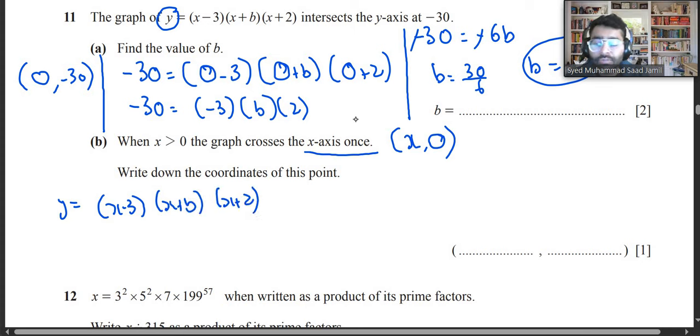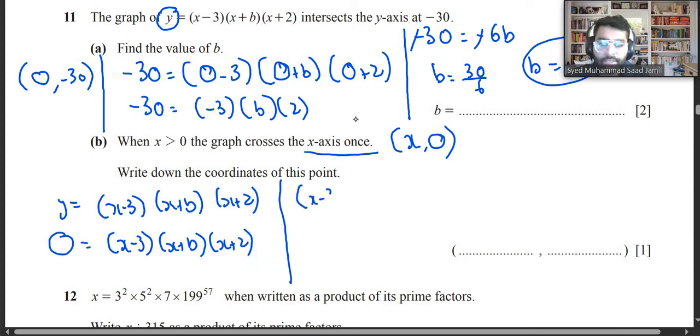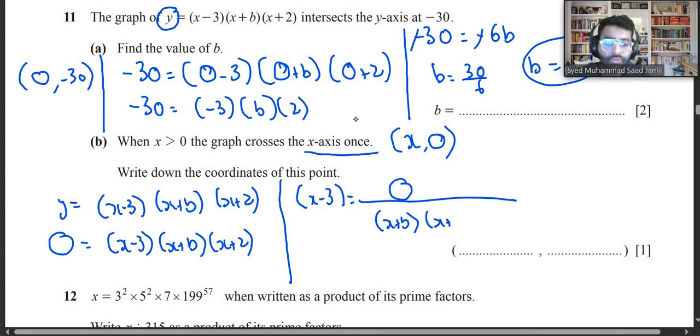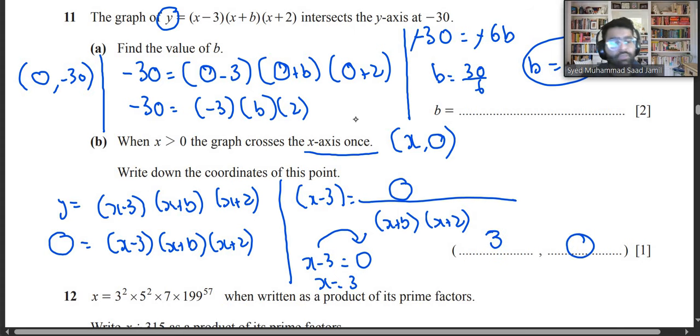In place of y, just write 0 is equal to x minus 3, x plus b, and x plus 2. Now, x minus 3 is equal to 0, so x is equal to 3. And x is 3, and we already know the value of y, which is 0.